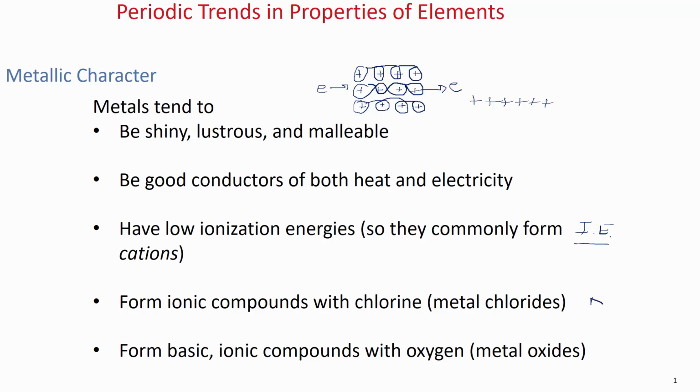We've seen sodium chloride. Sodium forms a positive one ion and chlorine forms a negative one ion, and that creates an ionic bond between them. And then here's one that's important later on. They tend to form metal oxides, and these metal oxides, when added to water, tend to form basic solutions. So important later on, maybe not so important at this moment.